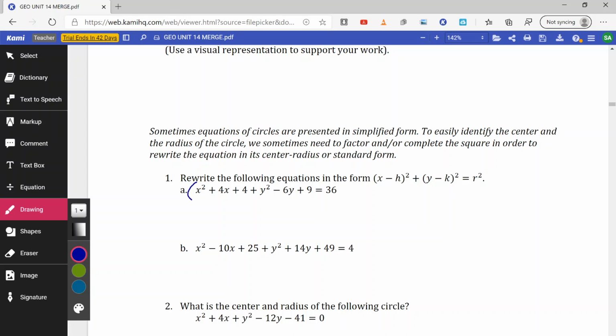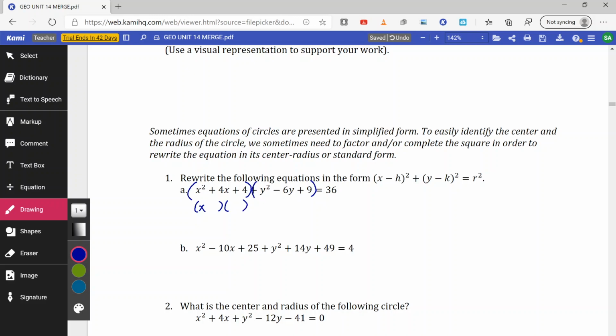I can group the first three together, and then I will group the next three together. Fortunately for us, they already made it nice for us. Now we can factor this trinomial, x squared plus 4x plus 4.